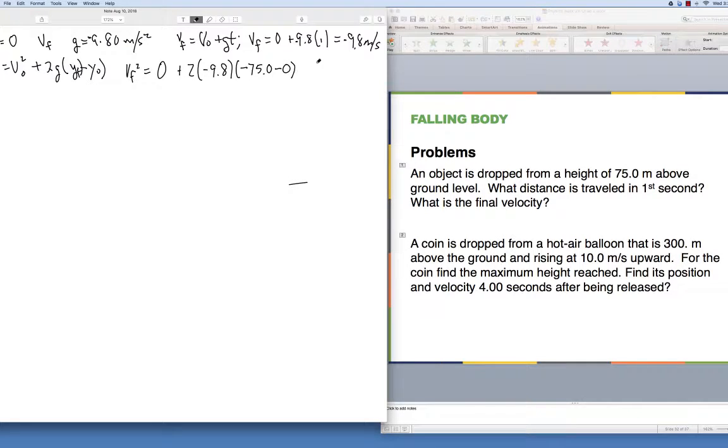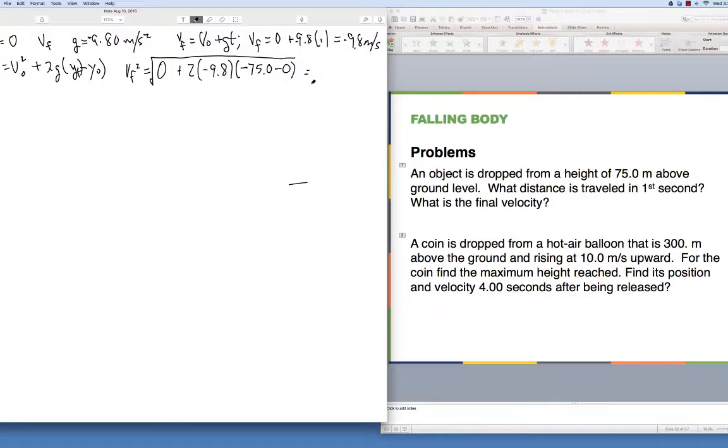Now that's squared, right? So if we want Vf, we have to take all of that and take the square root of it.